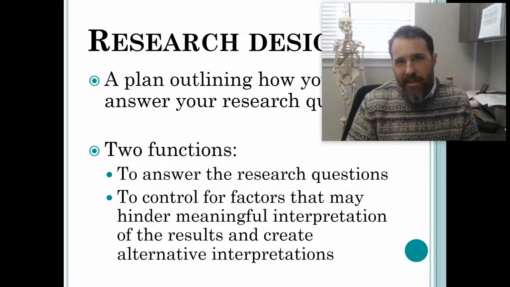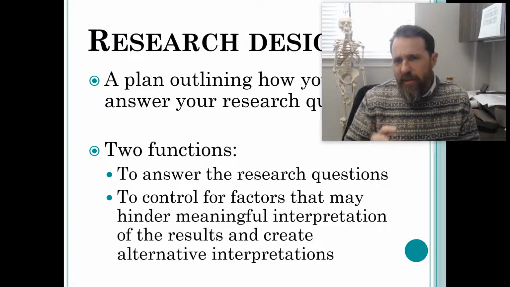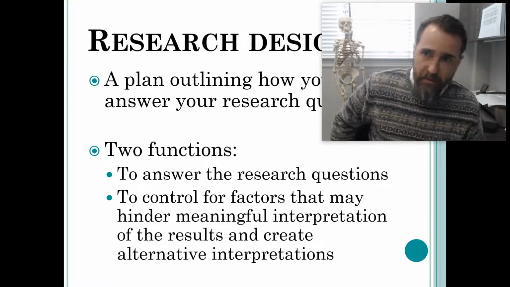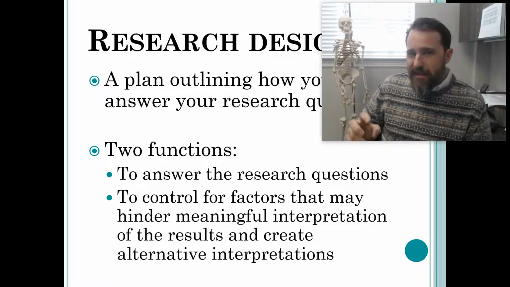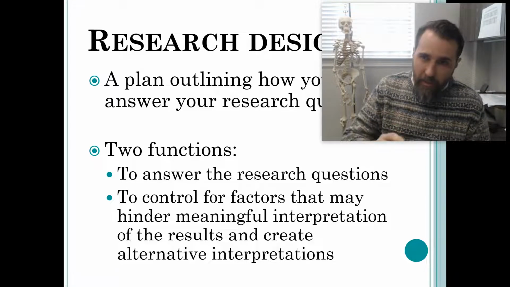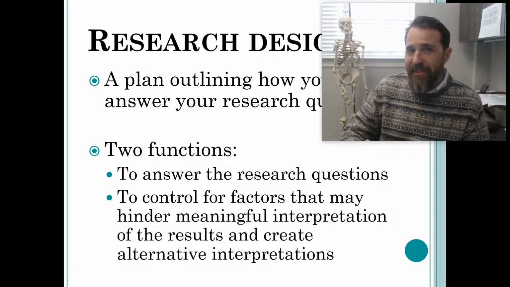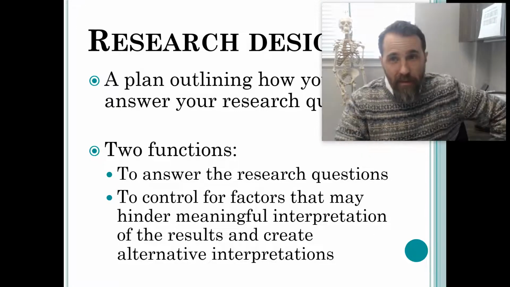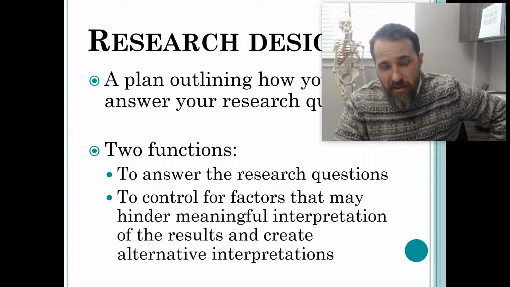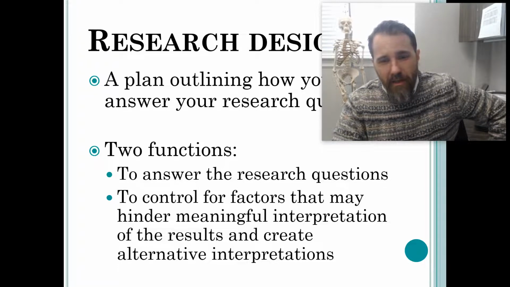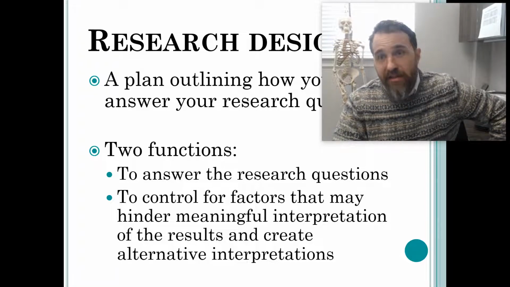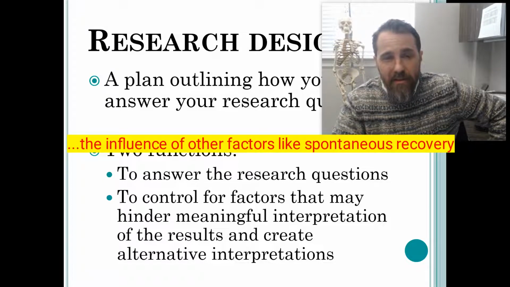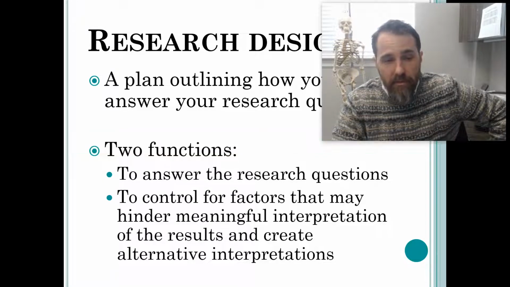So in this example, I would need a research design that is going to answer my research question: do my participants with aphasia benefit from this aphasia therapy? But if possible, the research design also needs to rule out other factors like spontaneous recovery being a factor in producing my results.